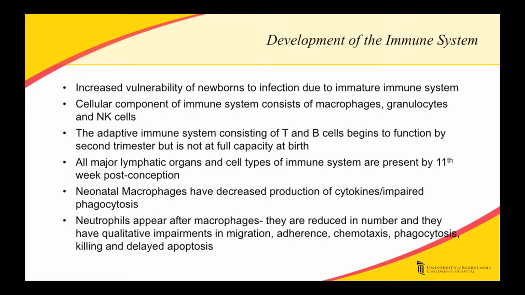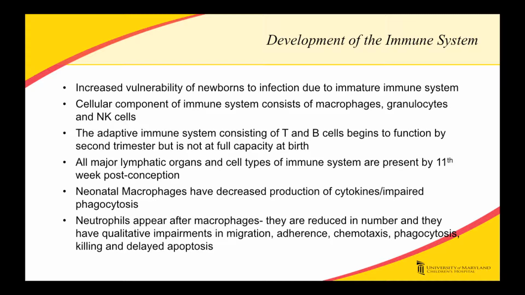Let's talk about the development of the immune system in a newborn, because it's very different. Newborns, we know, have a lot more vulnerability to infections due to an immature immune system. The cellular component of the immune system consists of macrophages, granulocytes or neutrophils, same thing, and NK cells or natural killer cells. The adaptive immune system consists of your T and B cells, and they begin to function by the second trimester, but they are not at full capacity at birth.